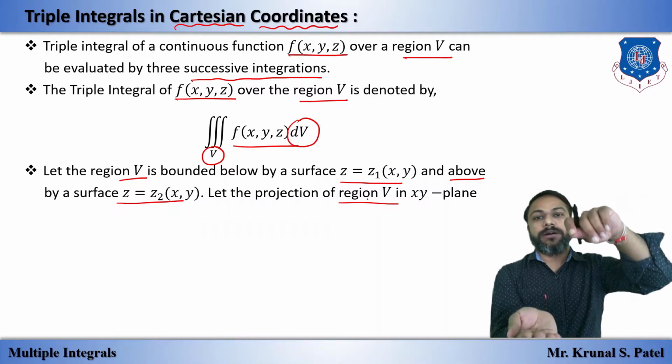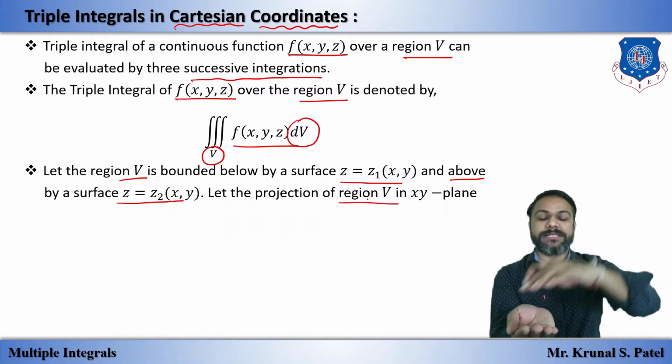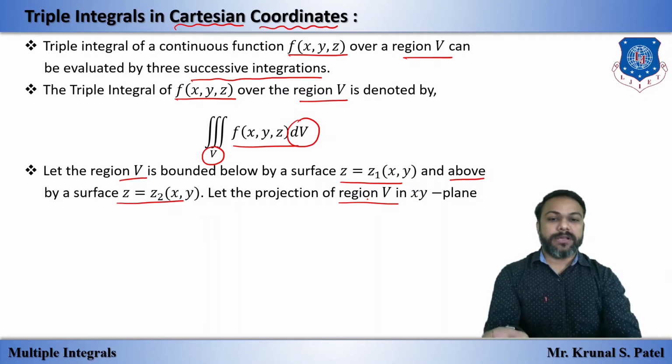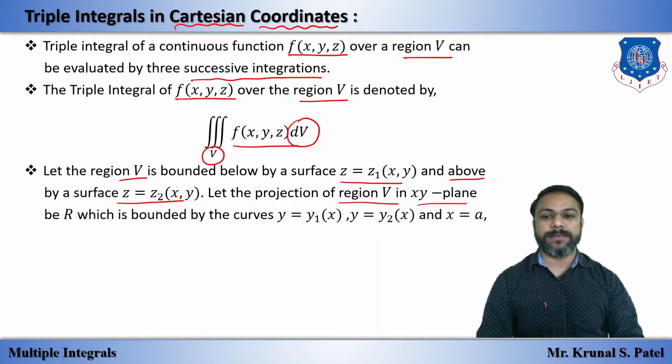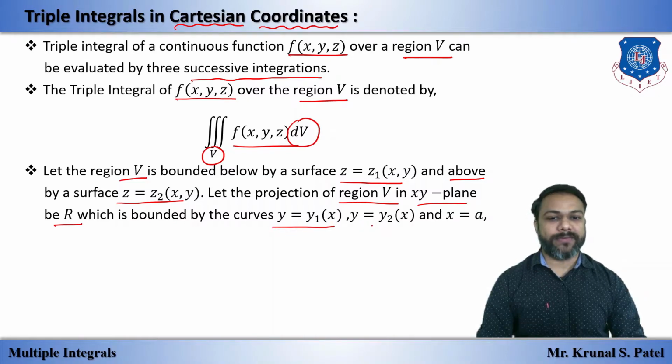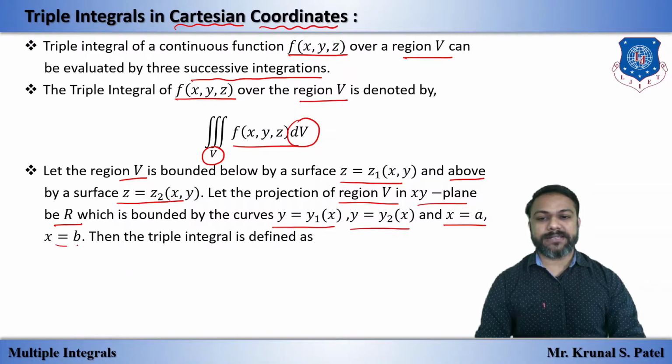When we put light on top of this surface, we will get some region in the xy plane. So the projection of region V in the xy plane is R, which is bounded by the curves y is equal to y1 of x and y is equal to y2 of x, in terms of x, and the lines x is equal to a and x is equal to b.